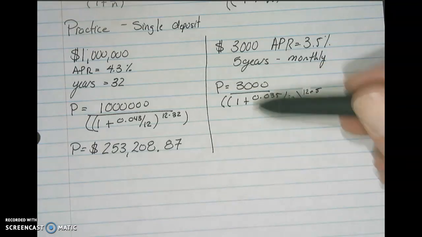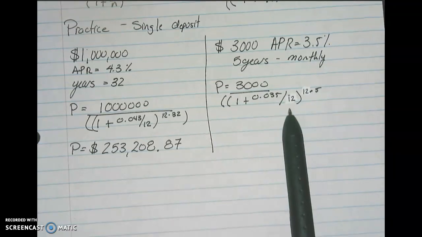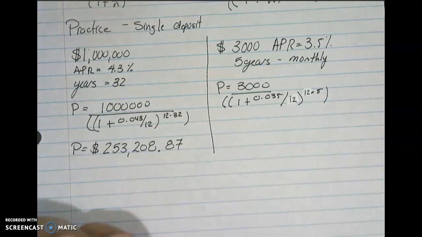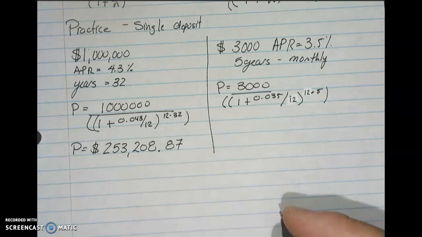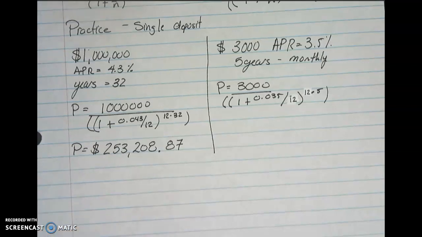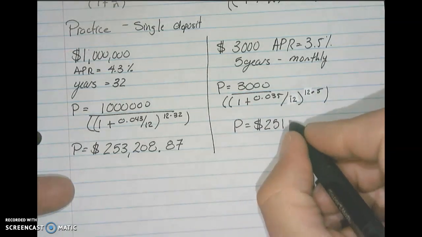We're doing this as a single deposit with a rate of 3.5, compounding monthly, so N is 12, and T is 5. Then we put that in the calculator.